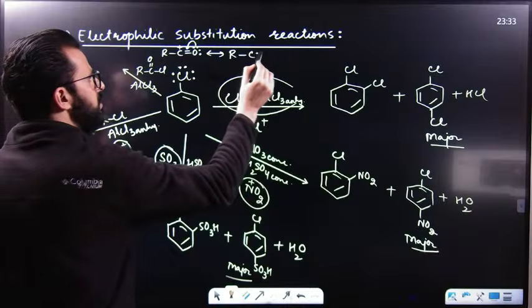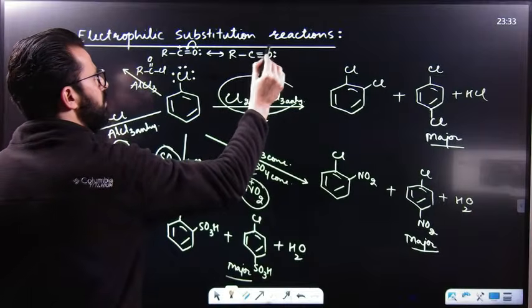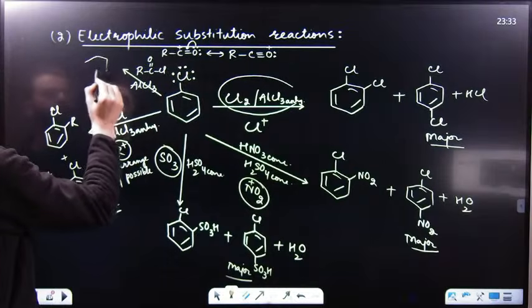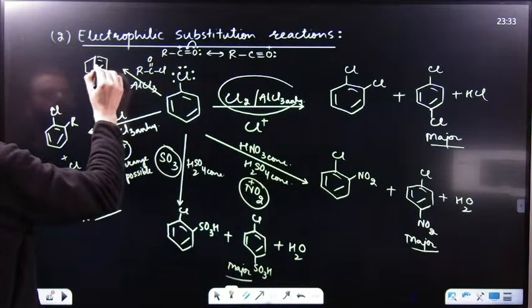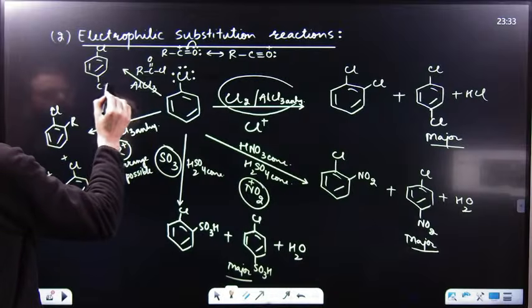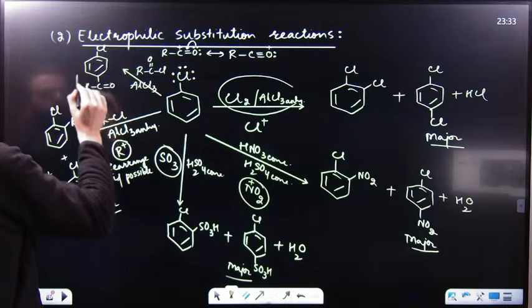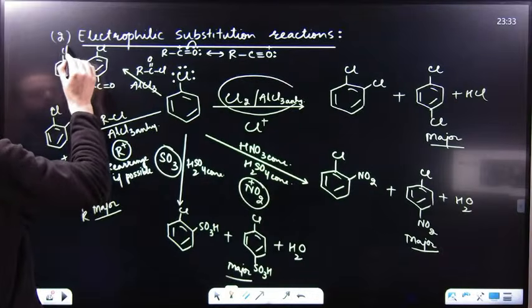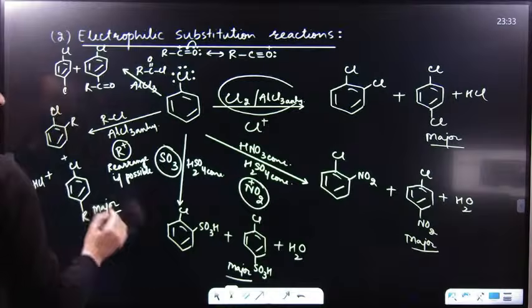This is a back bonding stabilized carbocation. Hence, there will be no rearrangement. So this carbocation will either go to ortho or to para position. Now, have a look. It will go to para position or it will go to ortho position. But the major product will be always para.